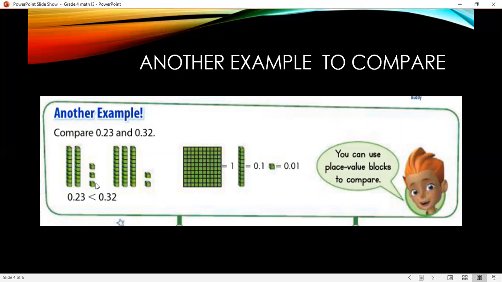And in 0.32, we have 3 tenths and 2 hundredths. This means that 0.23 is smaller than 0.32. Why? A hundredth is represented in this block, divided into tenths, divided into another tenth, which makes it a hundredth. You can use place value blocks to compare.